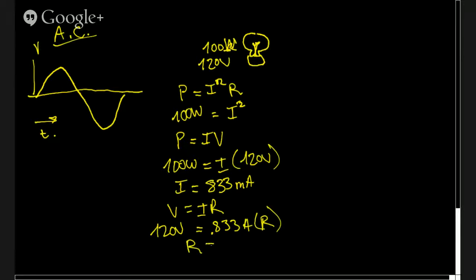So the resistance of that 100-watt light bulb is 144 ohms. There we go, 144 ohms.